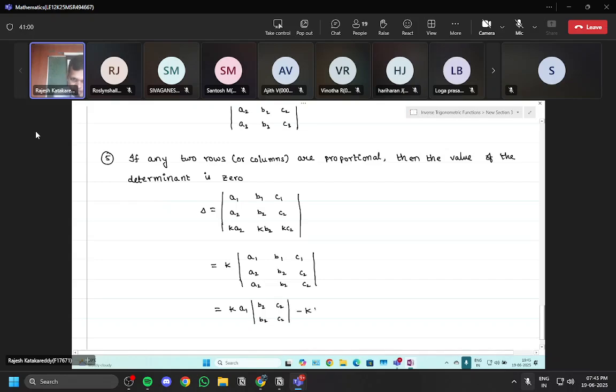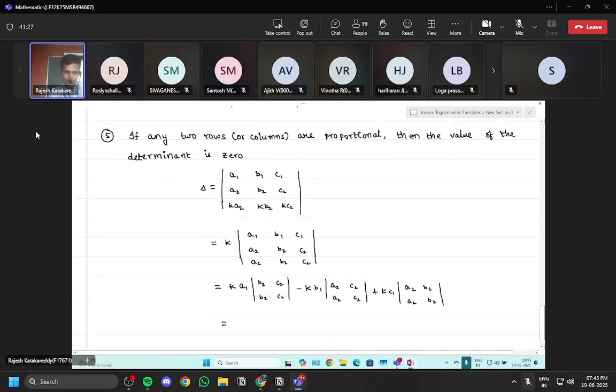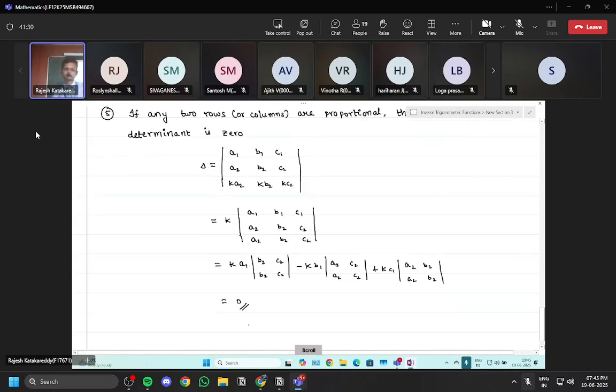Next minus K into B1 into determinant of A2, C2, A2, C2, plus K into C1 into determinant of A2, B2, A2, B2. So if you try to expand this, you will get 0 in this case, which will be equal to 0.